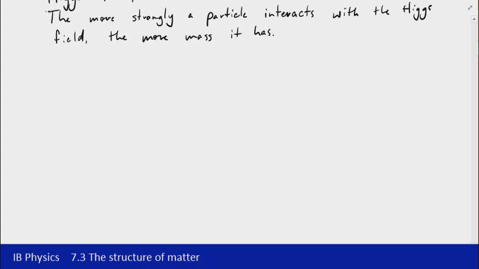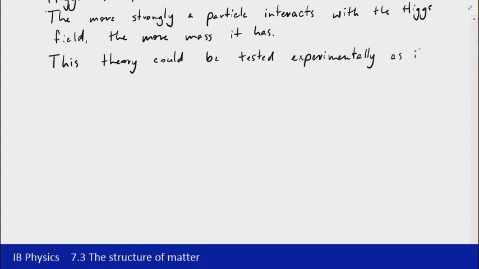The other useful thing about this particular mechanism is that it predicted the existence of another particle, and as I'm sure you can guess, that particle being the Higgs boson. So this theory could be tested experimentally because it predicted the Higgs boson. The Higgs boson itself is probably not the most significant thing of this mechanism.